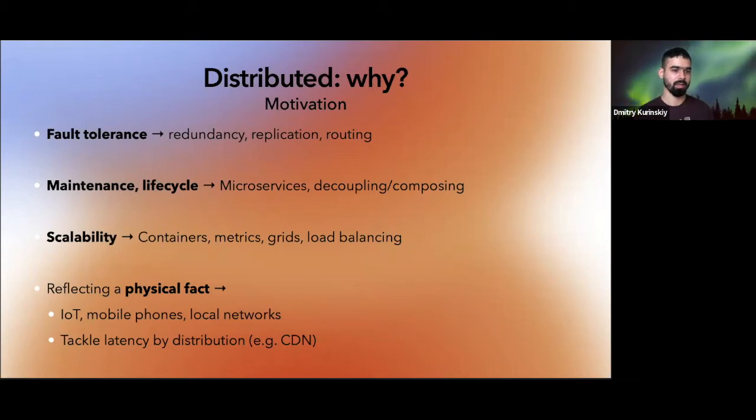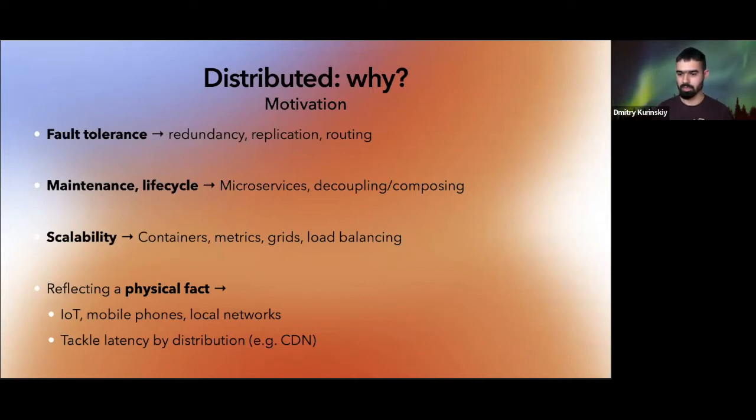And finally, there is a number of cases when I want to do something distributed just to reflect a physical fact that something is essentially distributed. For example, Internet of Things, or mobile phones, or local networks.